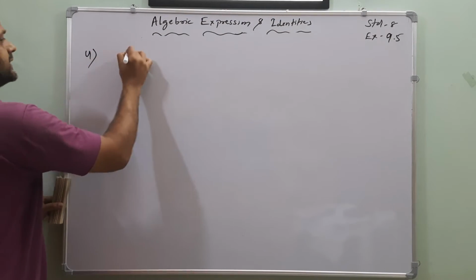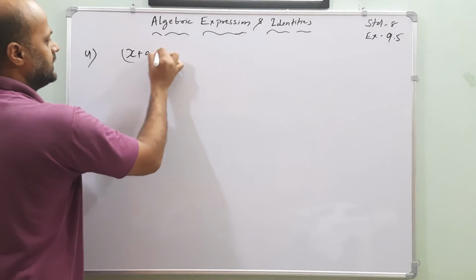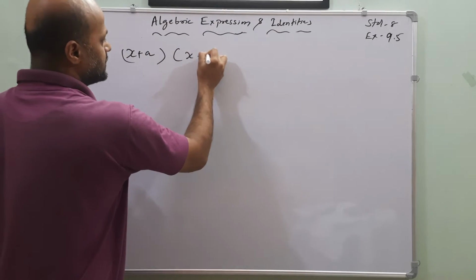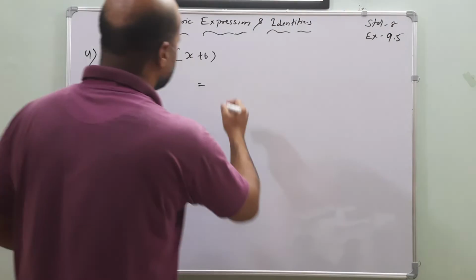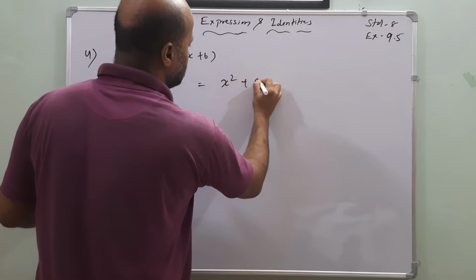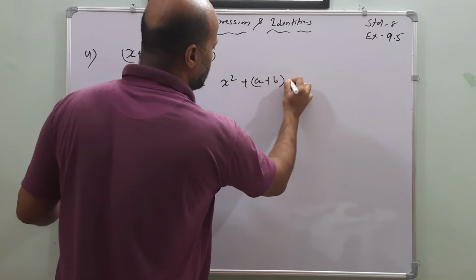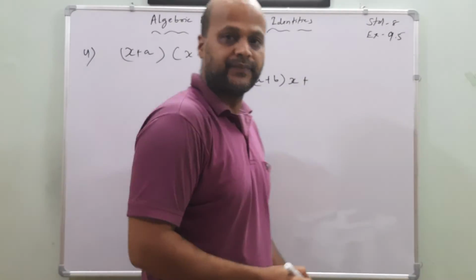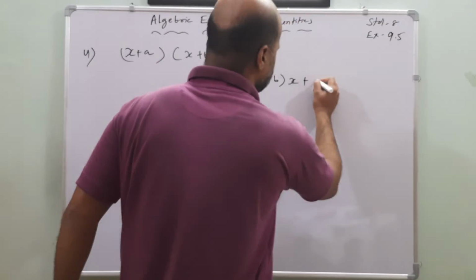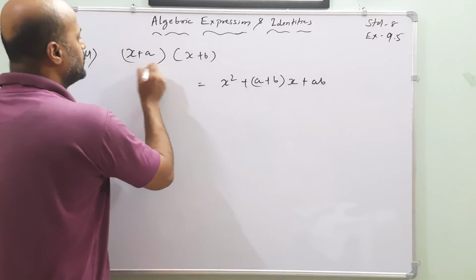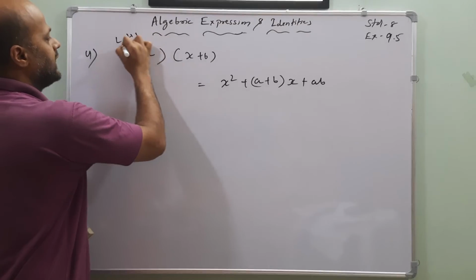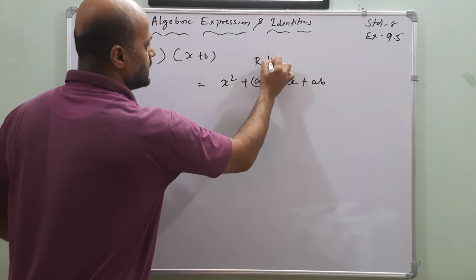The fourth identity is x plus a into x plus b is equal to x square plus a plus b into x plus ab. Now we have to prove whether the left hand side expression is equal to the right hand side expression.